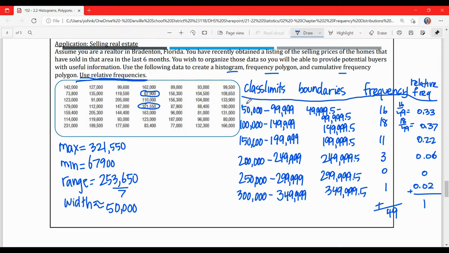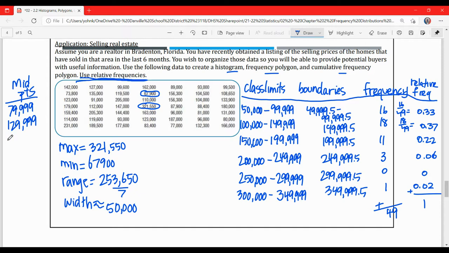And that would be 79,999. So I'm going to do midpoints over here. So the first midpoint was 79,999. If I add 100,000 and 149,999 together and divide by 2, I get 129,999.